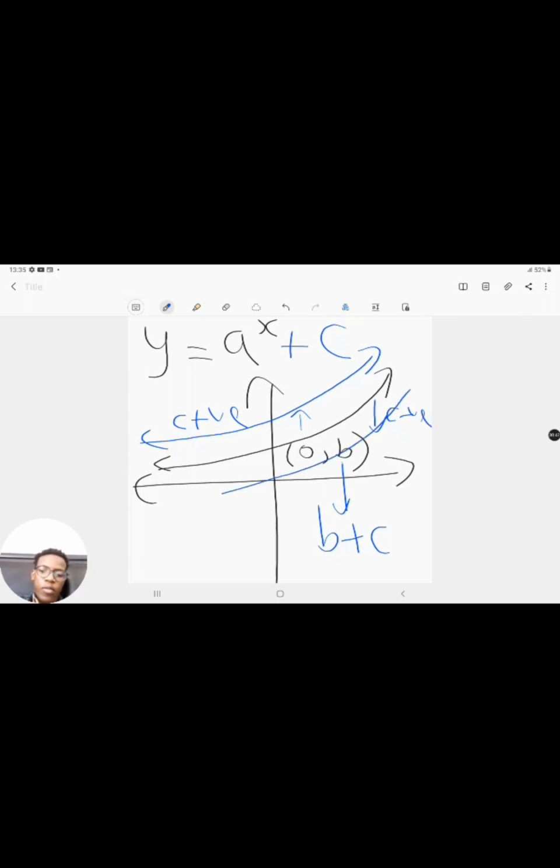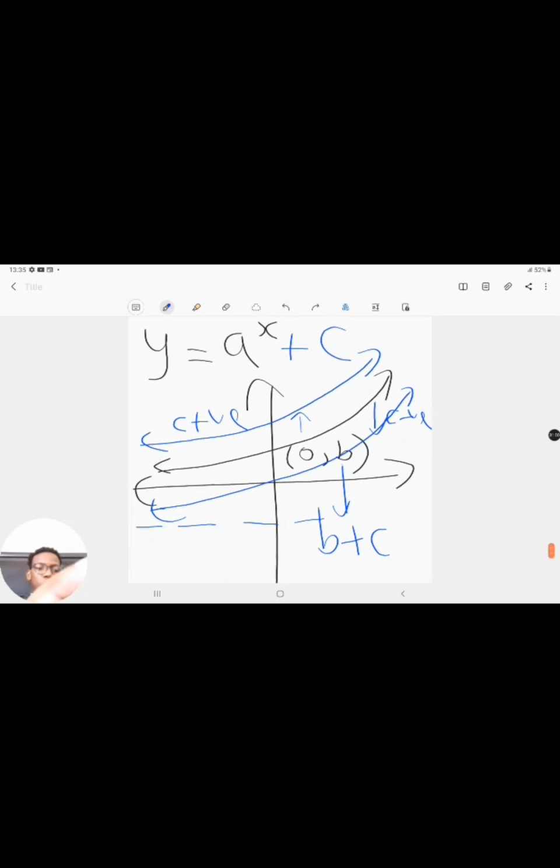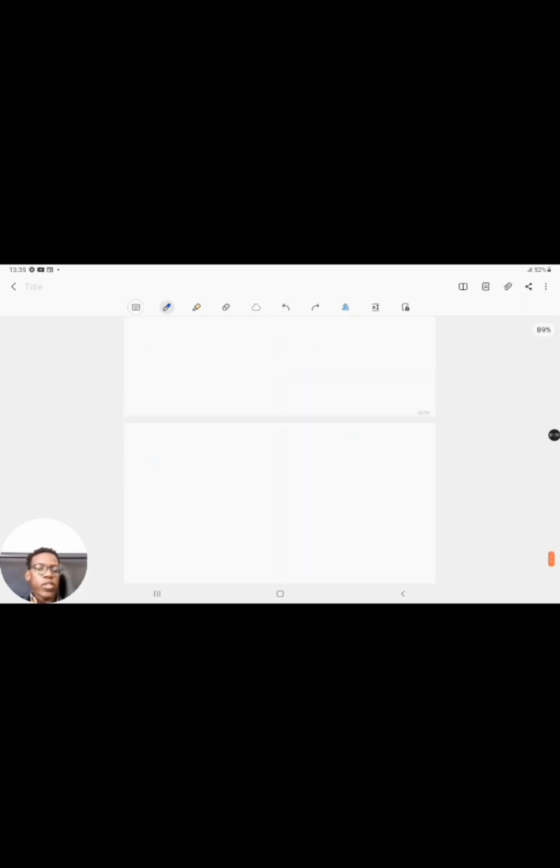Now, remember, when I say move down, my graph may cut through the x-axis. That doesn't matter, because the graph moves up or down with the asymptote. So if it moves down, then your asymptote will have moved down as well. Okay, so let's do a couple of examples to illustrate that so that it makes sense.